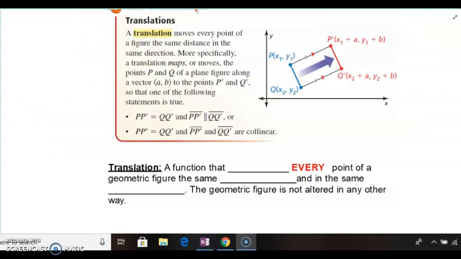All right, guys, let's define translation. So this is kind of the big idea of section 4.1, and as we'll learn, we can translate something using a vector. Okay, but we can also translate stuff using a rule too.